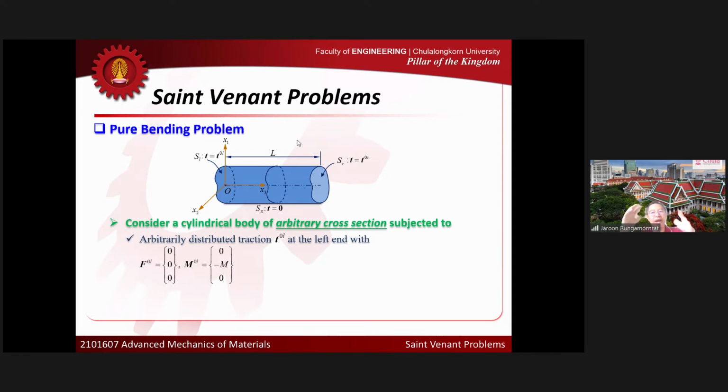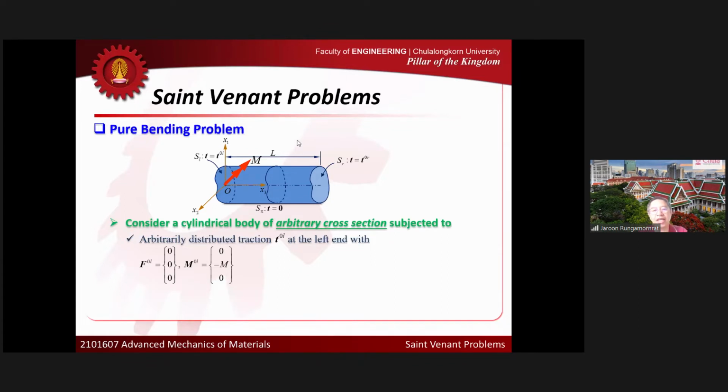Let's say that the traction we apply at the left end generates zero net force, but we have non-zero moment about the x2 axis. So this is the net moment that I talk about. We can apply any kind of traction that can generate the net forces and moment like this.